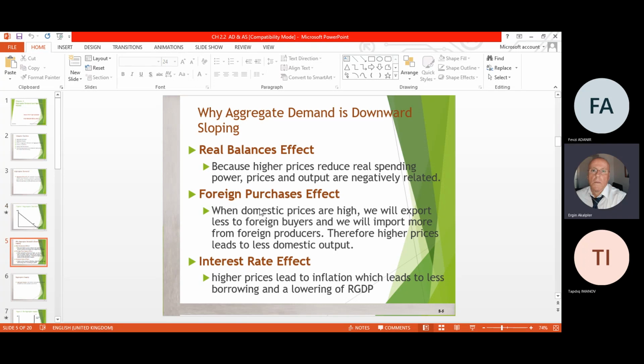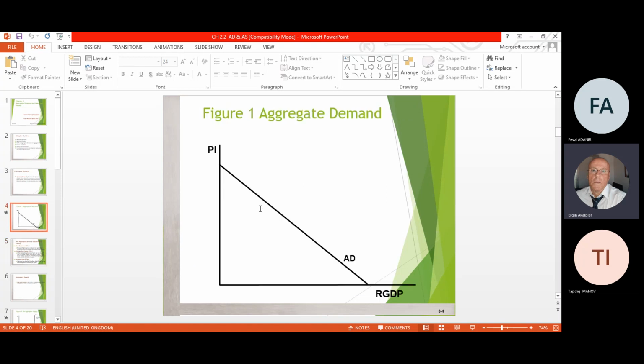If you are questioning why aggregate demand is downward sloping, of course it is downward sloping because the relationship between inflation and real GDP is negative, as indicated here. While you are increasing inflation, the real GDP, the amount of goods and services produced in a year, is decreasing. As you see, the price goes up, inflation is up.